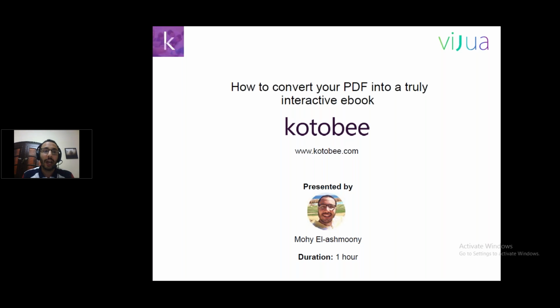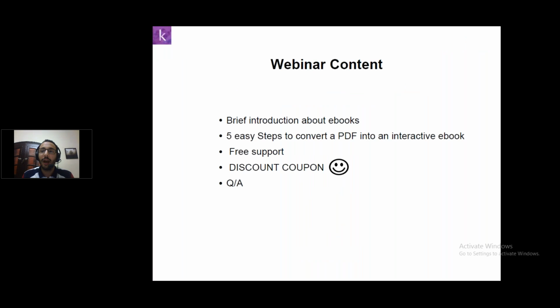Before I go into the webinar, I first want to show you the outline of our webinar today. We will start with a brief introduction about ebooks, and then I will show you 5 easy steps to convert a PDF into an interactive ebook, and this is our main topic today.